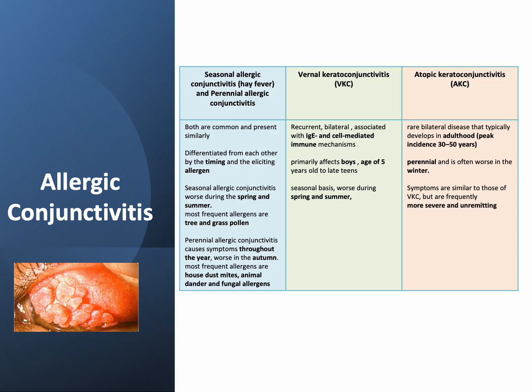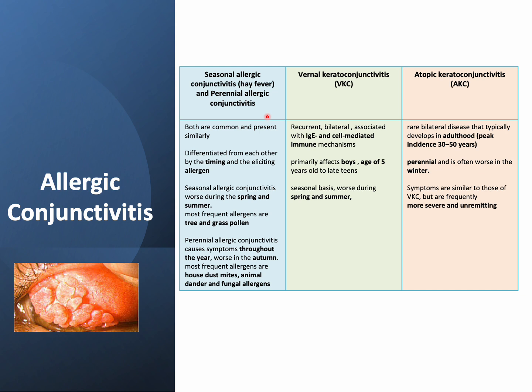So allergic conjunctivitis can have different types or different diseases. We classify them into seasonal allergic conjunctivitis and perennial allergic conjunctivitis, in addition to vernal keratoconjunctivitis and atopic keratoconjunctivitis. The first two types, seasonal and perennial, are very similar to each other and are differentiated only by timing and the eliciting allergens.